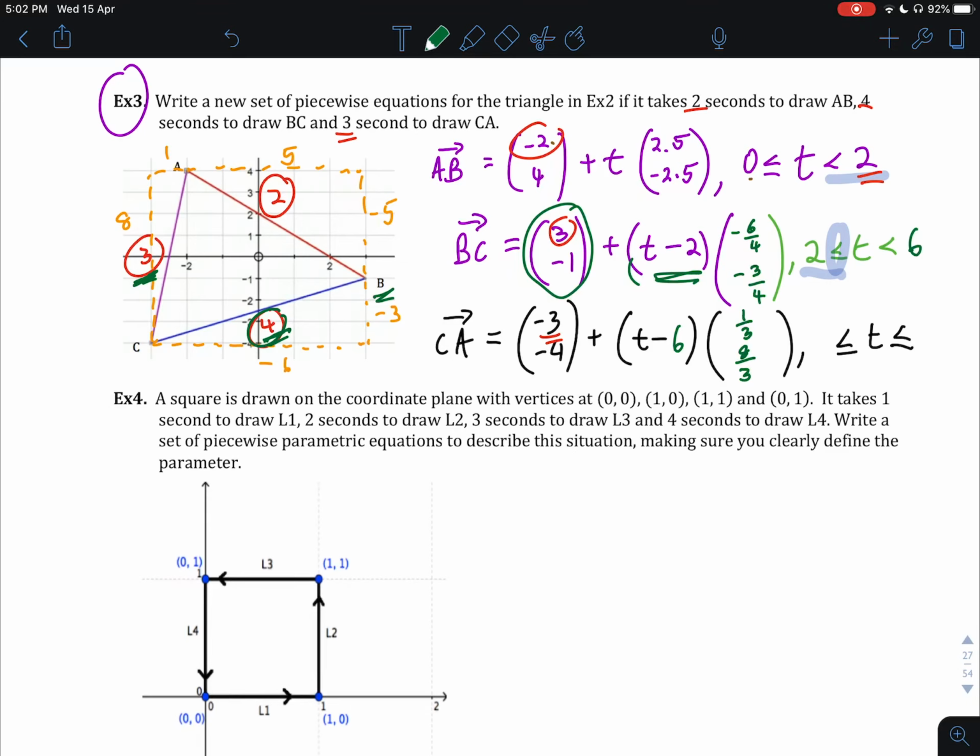And last but not least, I just need to adjust my domain. I'm starting the drawing of side CA at 6 seconds inclusive, and that is taking 3 seconds, which means I'm finishing at time 9 seconds, total of 9 seconds to draw triangle ABC.